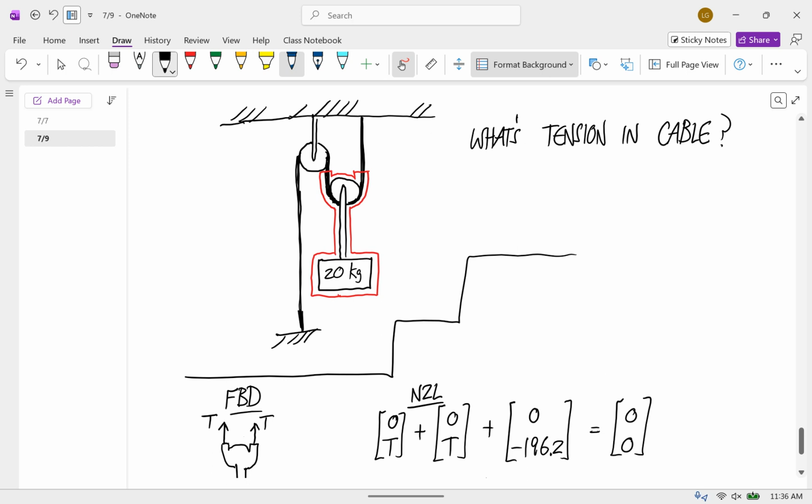Why haven't we reduced the energy of lifting required to lift this, even though we've cut the force in half? The answer is, notice that if you wanted to lift this an inch, you'd have to remove an inch from this side of the cable and an inch from this side because of symmetry.